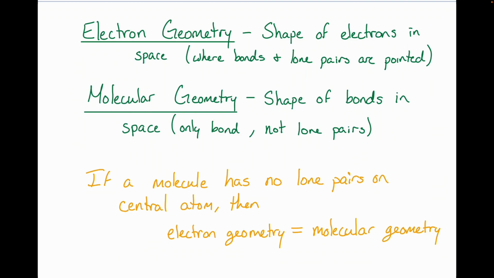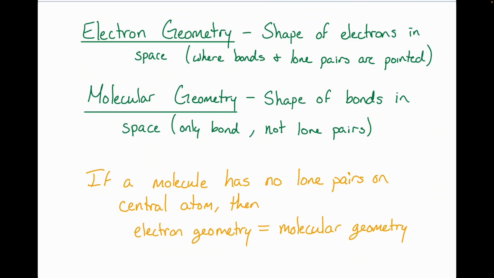Okay, but if there are lone pairs on the central atom, then these will not match, because again, our electron geometry is concerned about where the electrons are pointing, but molecular geometry is only bonds, so lone pairs are invisible in our molecular geometry.